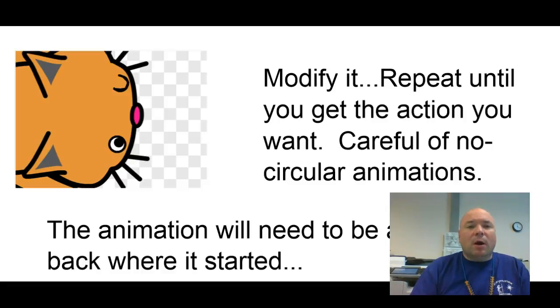It doesn't work. Or eye open, eye half closed, eye closed, and then just fully open. It kind of misses a stage there. So you want to make sure that you cycle it around properly so that it looks like a natural animation. So that way when you loop it, it's going to be circular. So you can keep doing the same thing over and over again. So that way you get the animation that you really want.